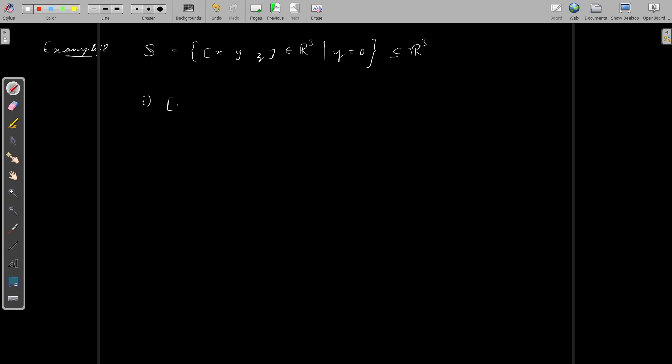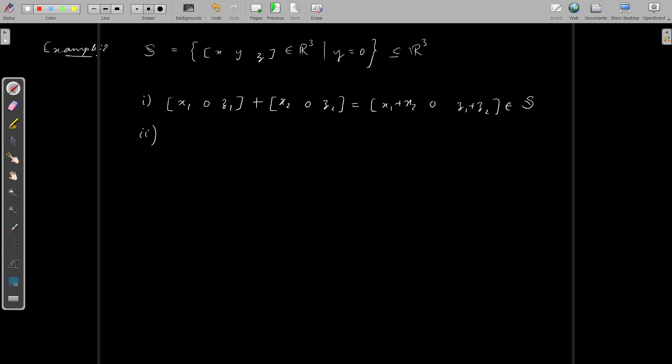Since y is 0, the arbitrary element of the set is (x1, 0, z1), that is the first element, and we take another arbitrary element (x2, 0, z2). These are two arbitrary elements. When you add these, you get x1 plus x2 in the first component and 0 in the second component, and the last component is z1 plus z2. So clearly this is an element of S. So we can say that this satisfies the closure property for vector addition.